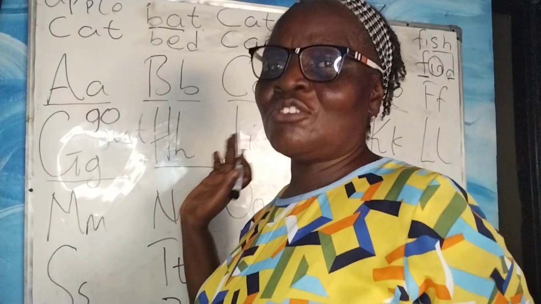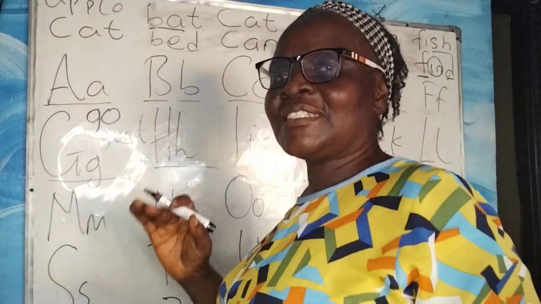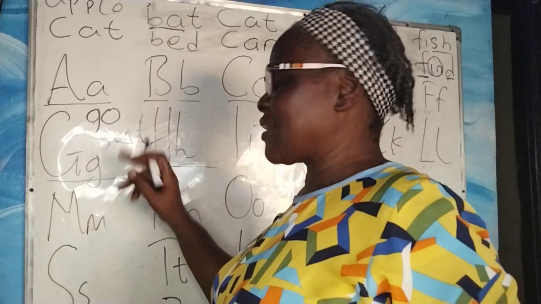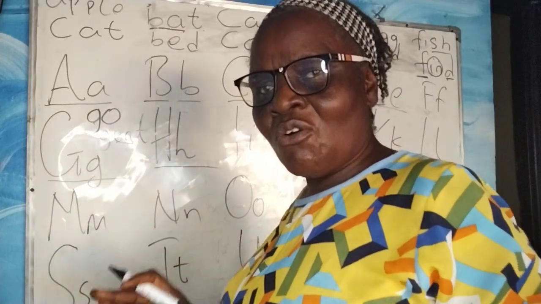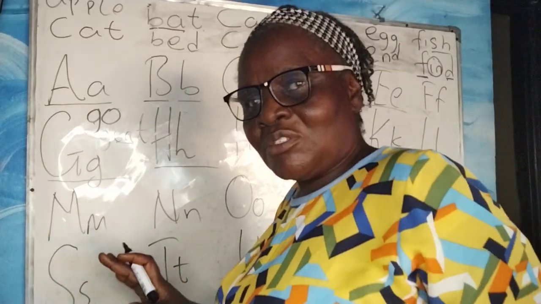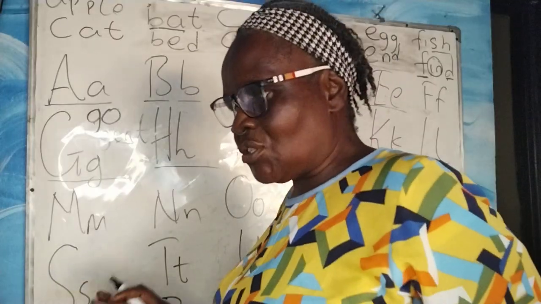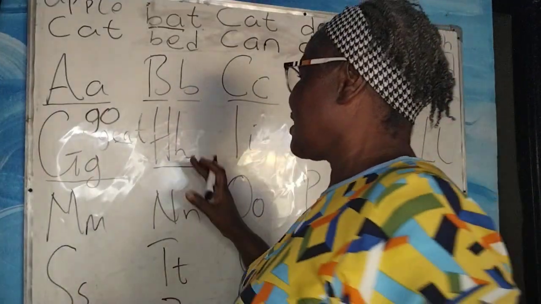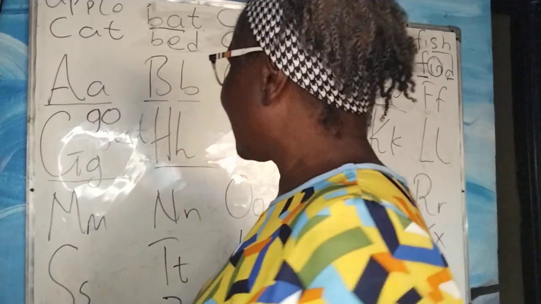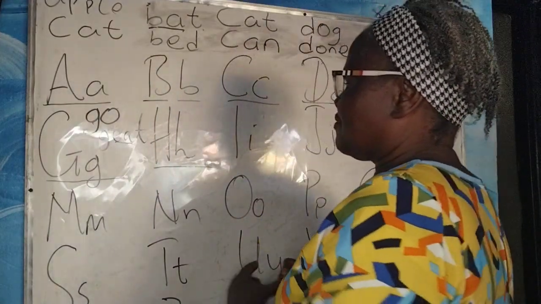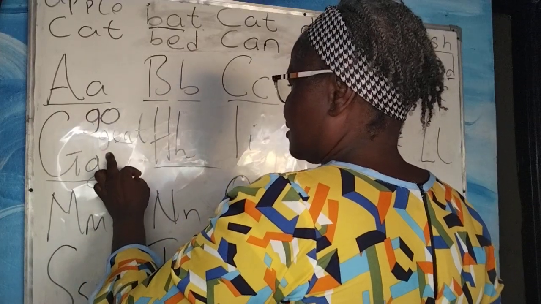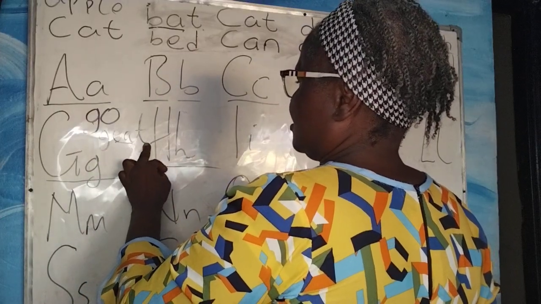When you go to higher class, as we continue from this foundation, we will come across this OA, and you know the sound: goat, coat, boat, and so on. So we are not there now. We are still in the foundation class. So G, as in goat, G, O-A-T.